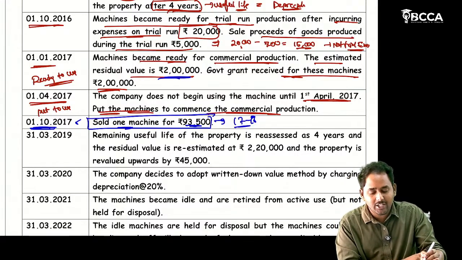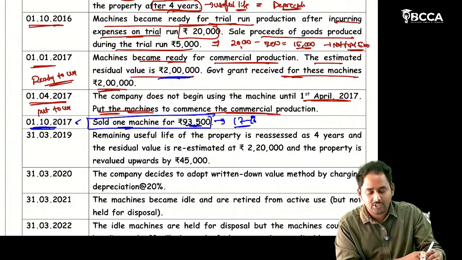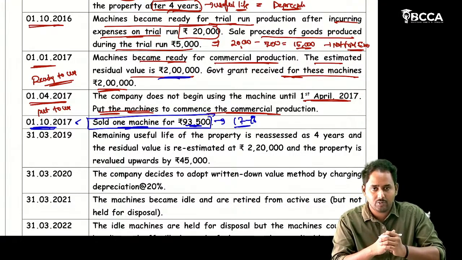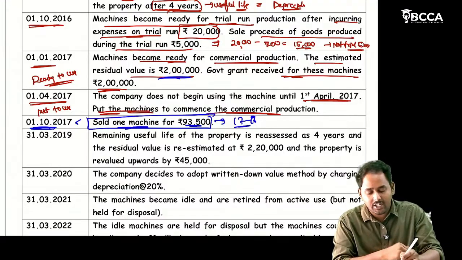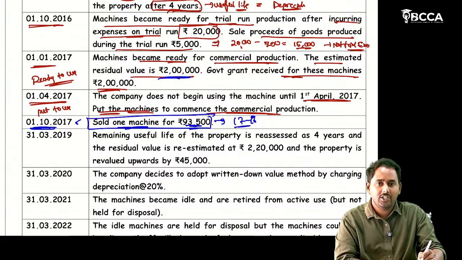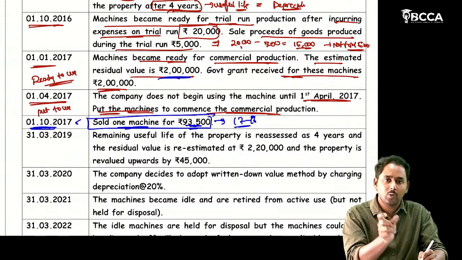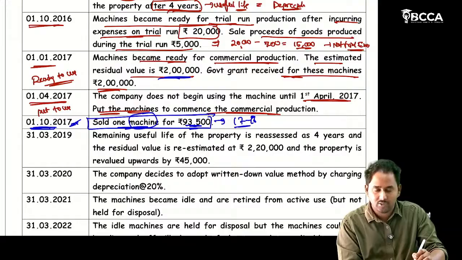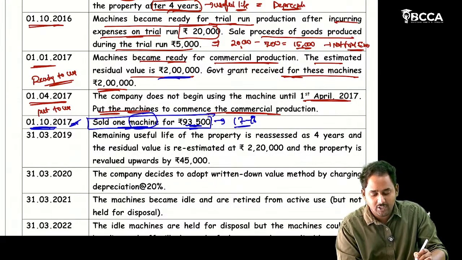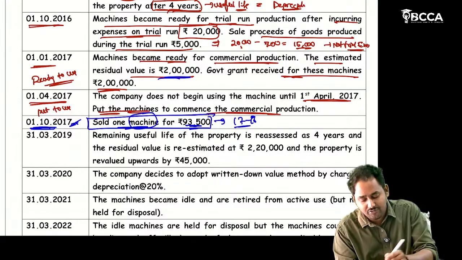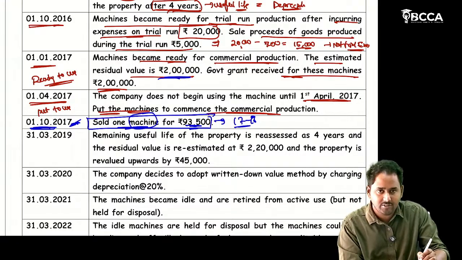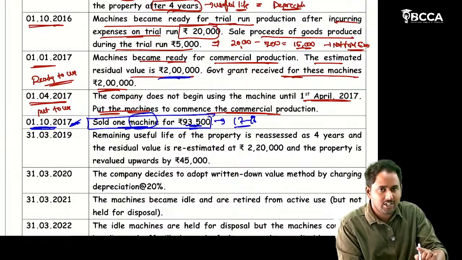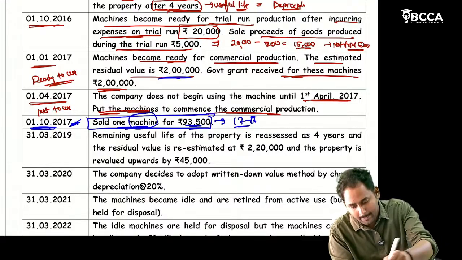So I should de-recognize this machinery from my books of accounts. For de-recognizing, I cannot use the 93,500. I should use the closing carrying amount of this one machine as on 1/10/2017. So first find out the closing carrying amount of 10 machines on 1/10/2017, and then we can find out the carrying amount of one machine.